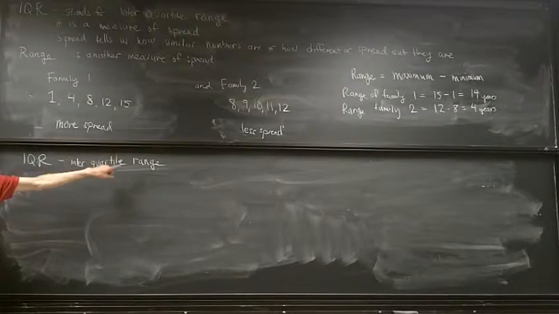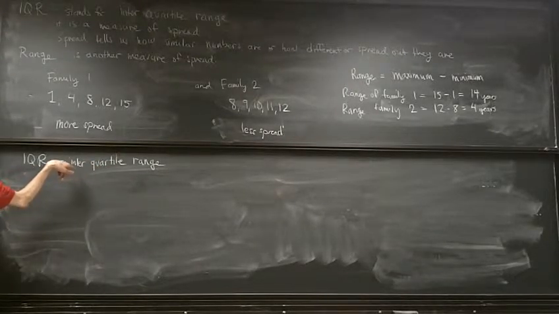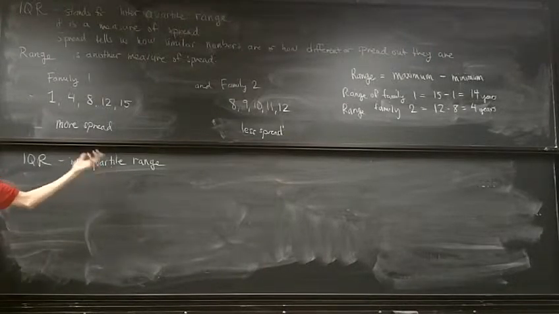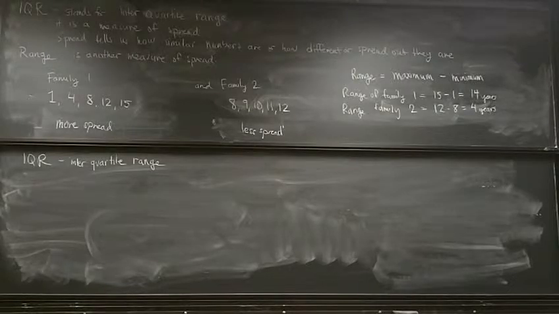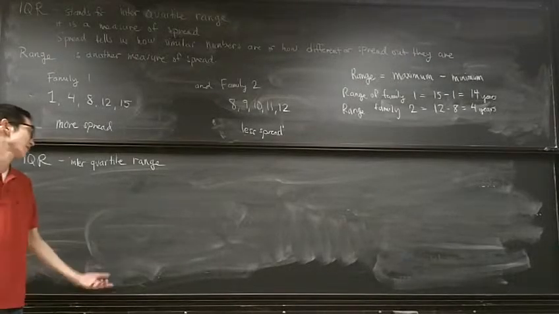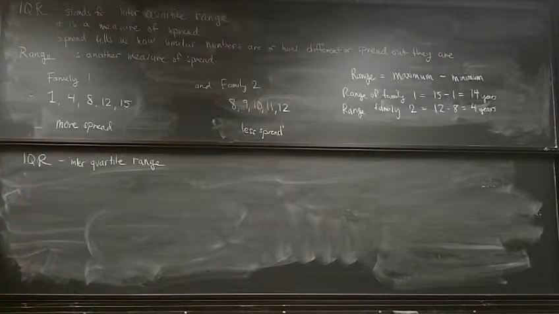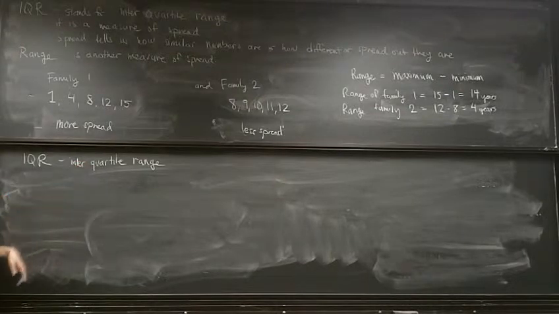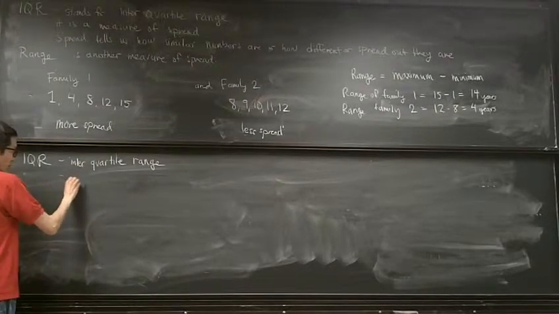It is the range, what does inter mean? In between quartiles, okay? It's the range between quartiles. Interstate freeways connect states. Well, they really just mean they have federal funding, okay? But the idea is that they connect states. Okay, here we're taking the difference between quartiles, okay? So the range between quartiles.